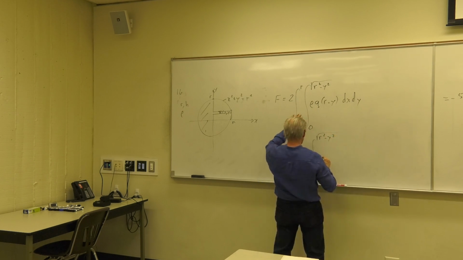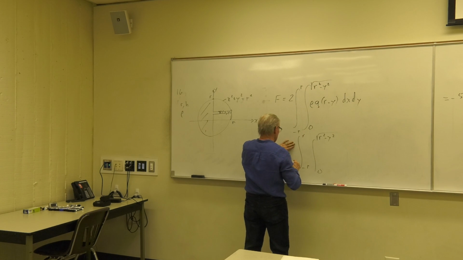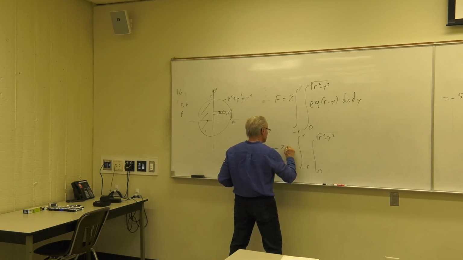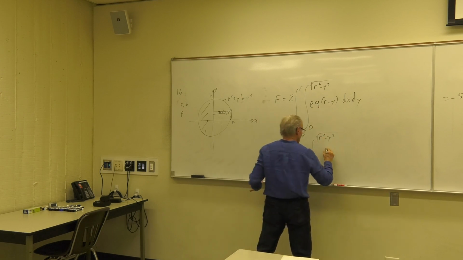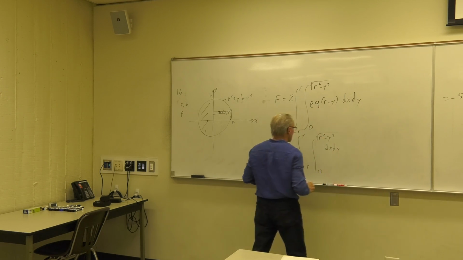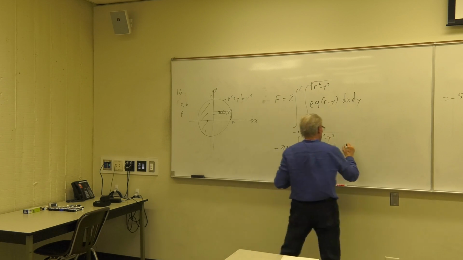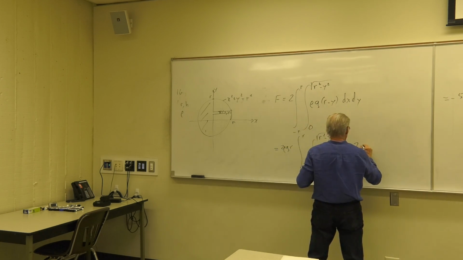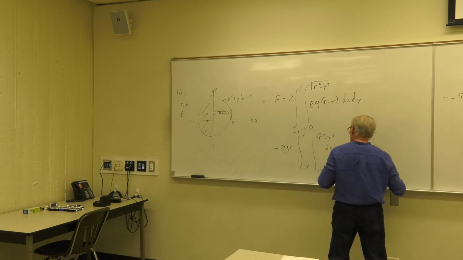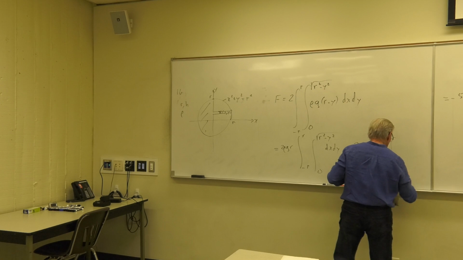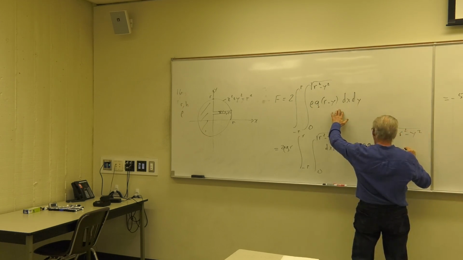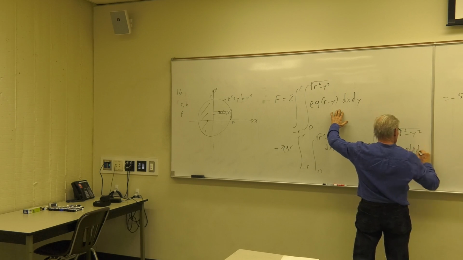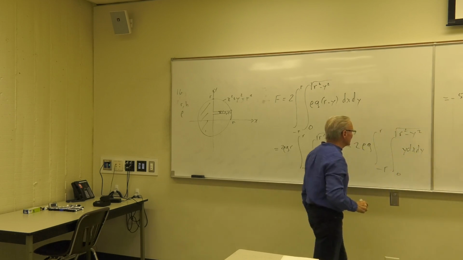What's inside now is simply, I'm going to call it g times r, equal 2 rho g r, and what's left is dx dy. So that's that. Then minus 2 rho g integral from minus r to r, 0 to square root of r squared minus y squared, y dx dy. All right.